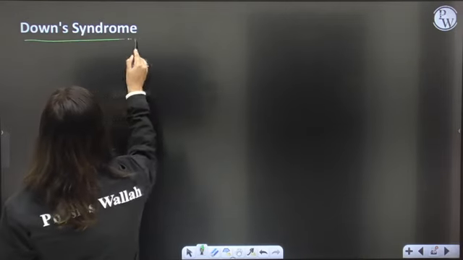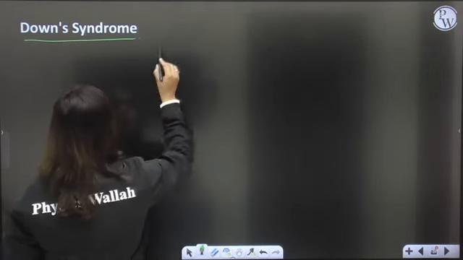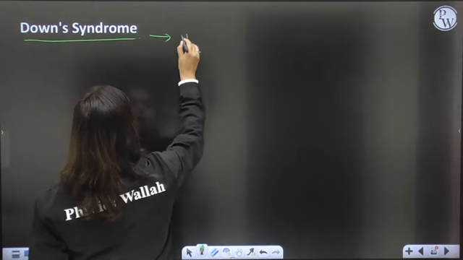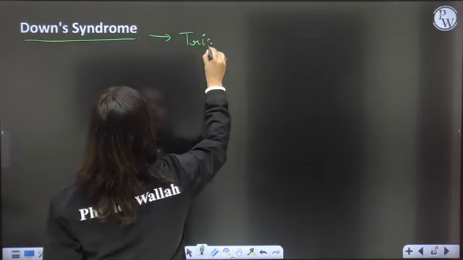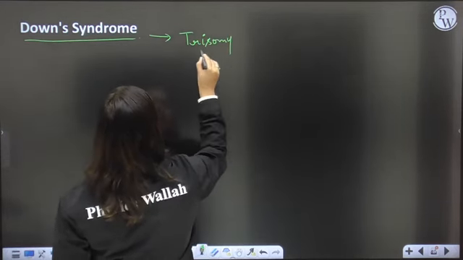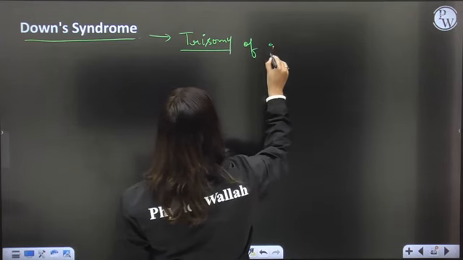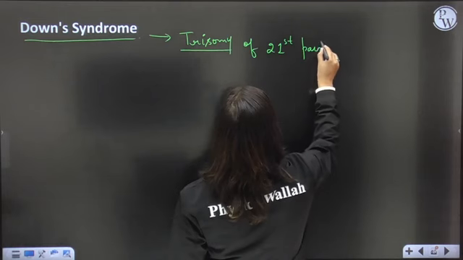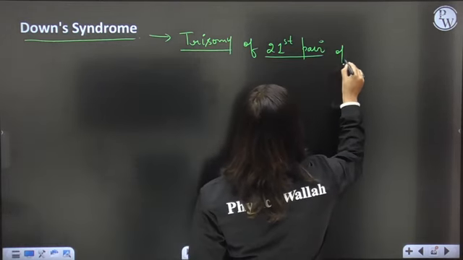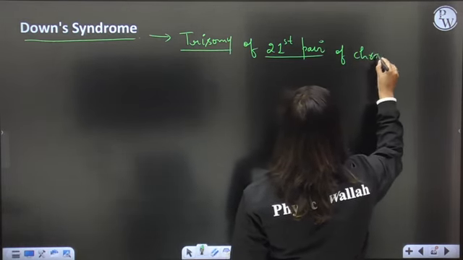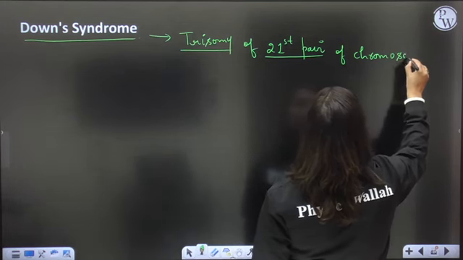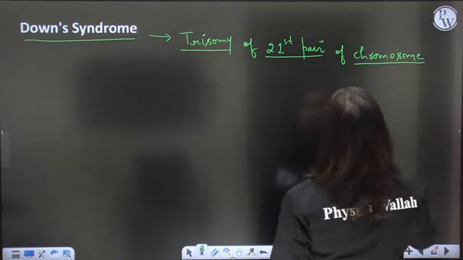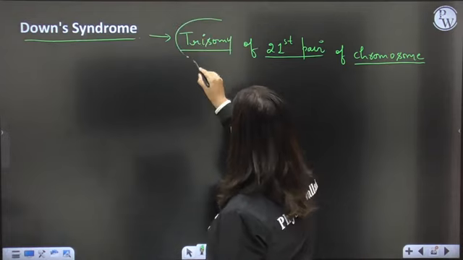Here comes Down syndrome. What is the reason for Down syndrome? Trisomy of the 21st pair of chromosomes. Okay, and what is trisomy?